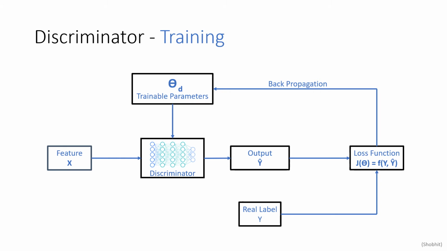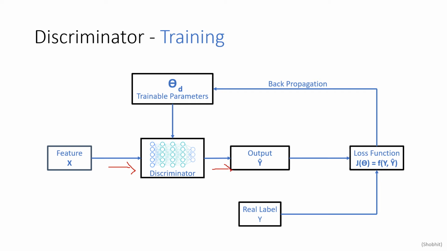Given the feature X, which is generated by the generator, we give it to the discriminator, and the discriminator has to distinguish whether it is real or fake. It gives a probability that the particular feature can be real, or it may be fake. That output is y cap.